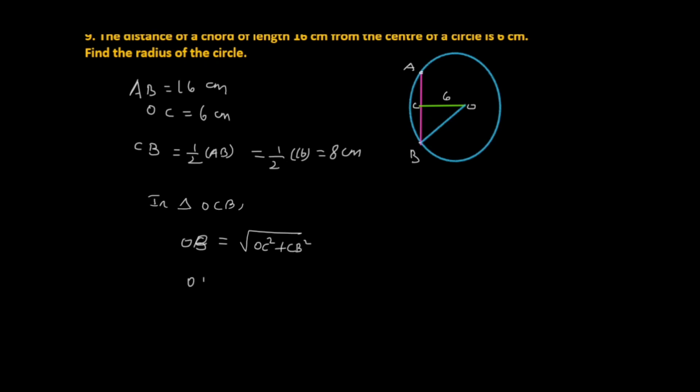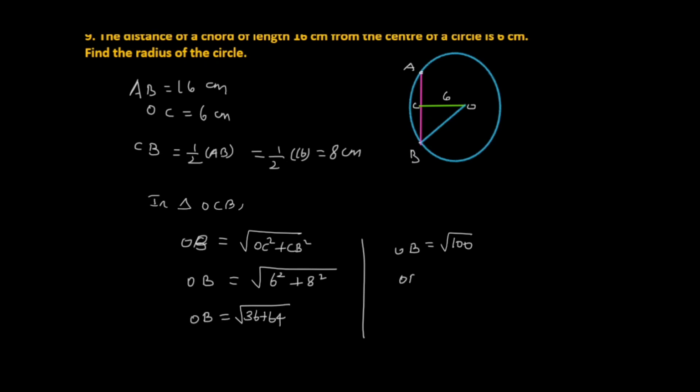When finding the radius, that is the hypotenuse, so we need to add the squares of the other two sides. OC squared is 6 squared, CB squared is 8 squared. So OB is equal to the square root of 36 plus 64, which is 100. The square root of 100 is 10. The radius of the circle is 10 centimeters.